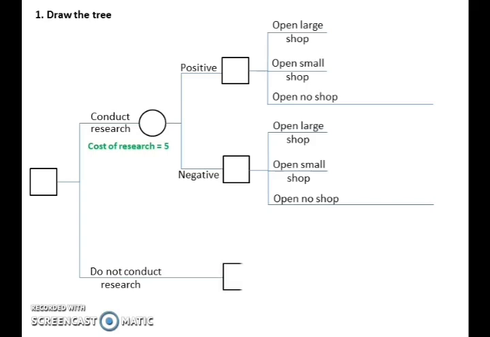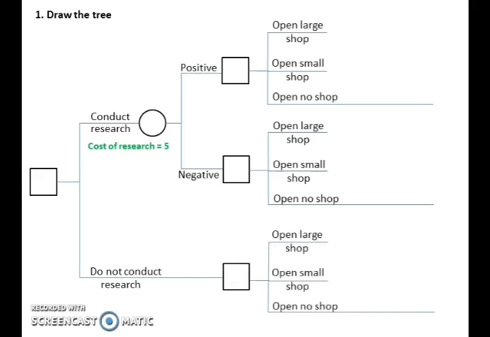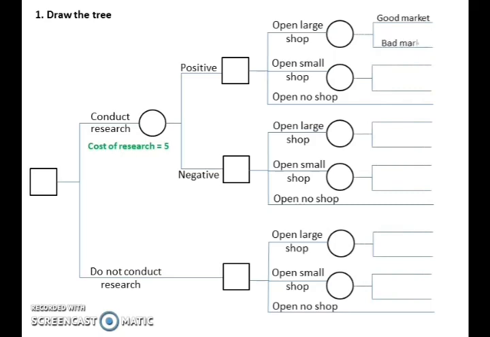So draw a decision node at this branch and draw three branches from it for open a large shop, open a small shop, and open no shop. Now, if Misha opens a shop, the market will be either good or bad. So draw a state of nature node at each of these branches and draw two branches from it for good market and bad market.